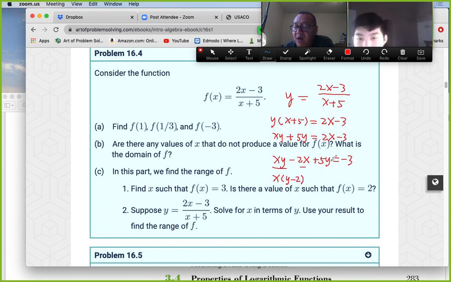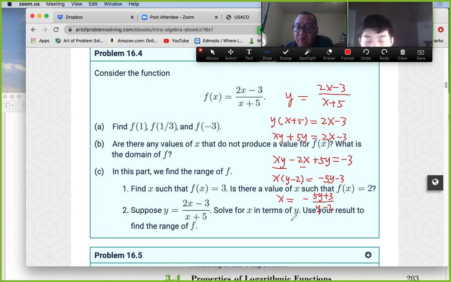Then both sides minus 5y. You can write this as negative 5y minus 3. Then both sides divided by y minus 2. You get x equals negative 5y minus 3 over y minus 2.